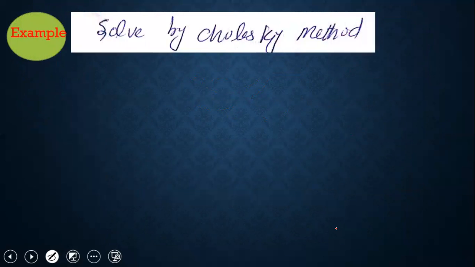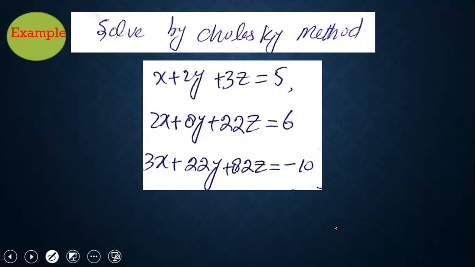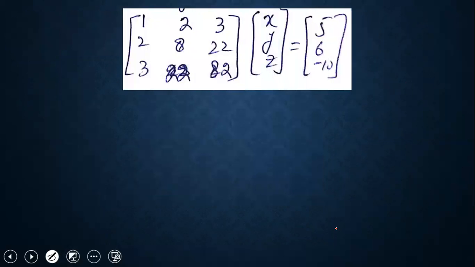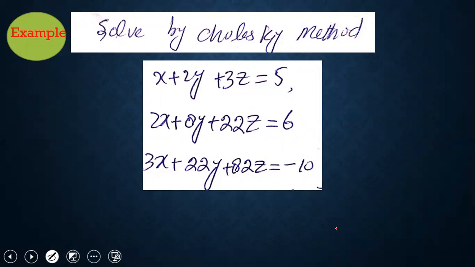Now take an example solved by Cholesky method. So let this is a system of linear equations. So now very first step, that is conversion of this into the matrix. How to convert?